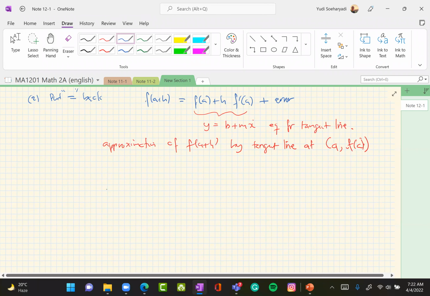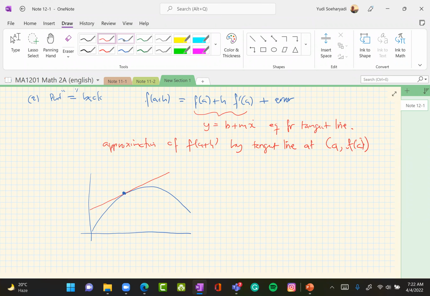This is the picture, it should look like this. The tangent line at a, so the values near a, not too far from a.